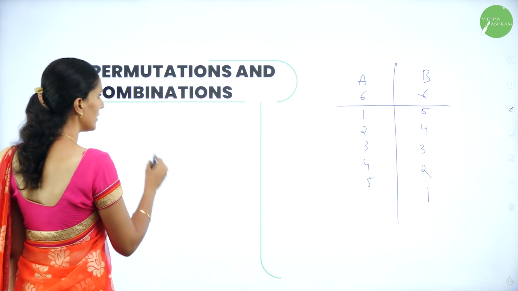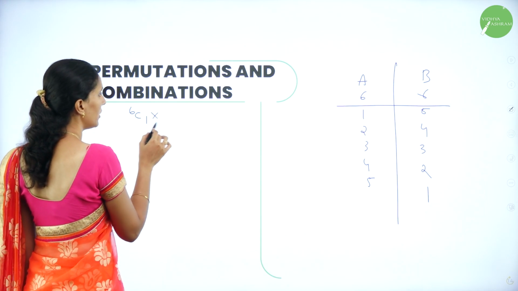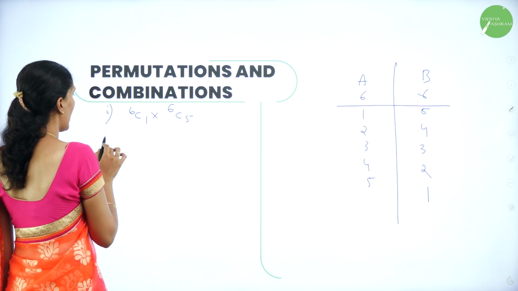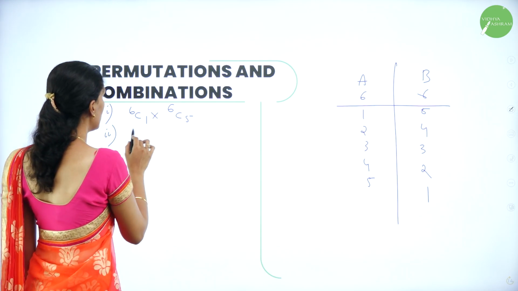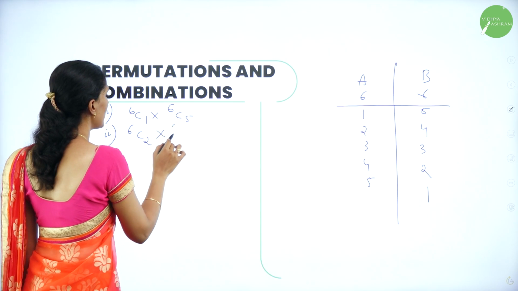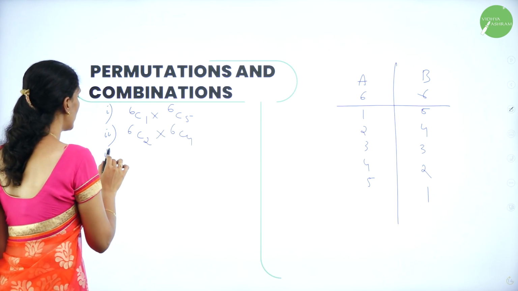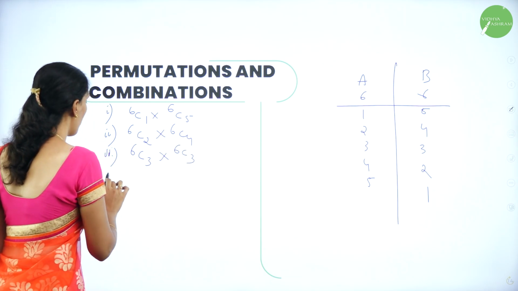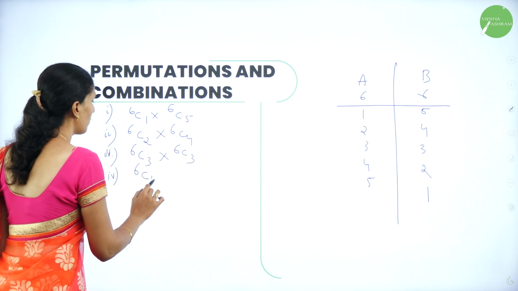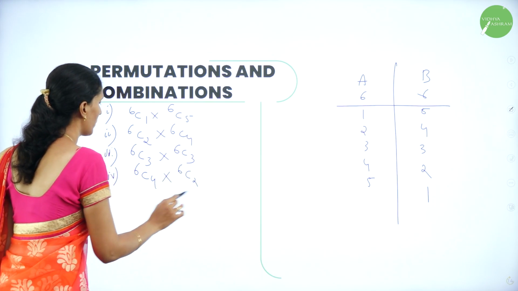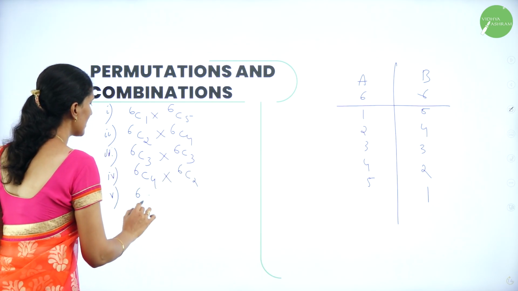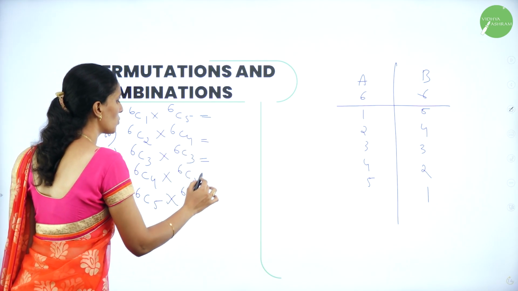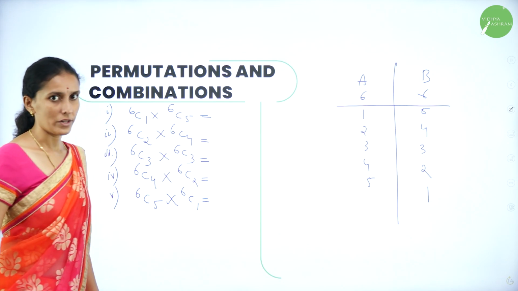My first case is 6C1 into 6C5. My second case is 6C2 into 6C4. Next, my third case 6C3 into 6C3. My fourth case 6C4 into 6C2. And my fifth case 6C5 into 6C1. So these are the possibilities of choosing or answering the questions.